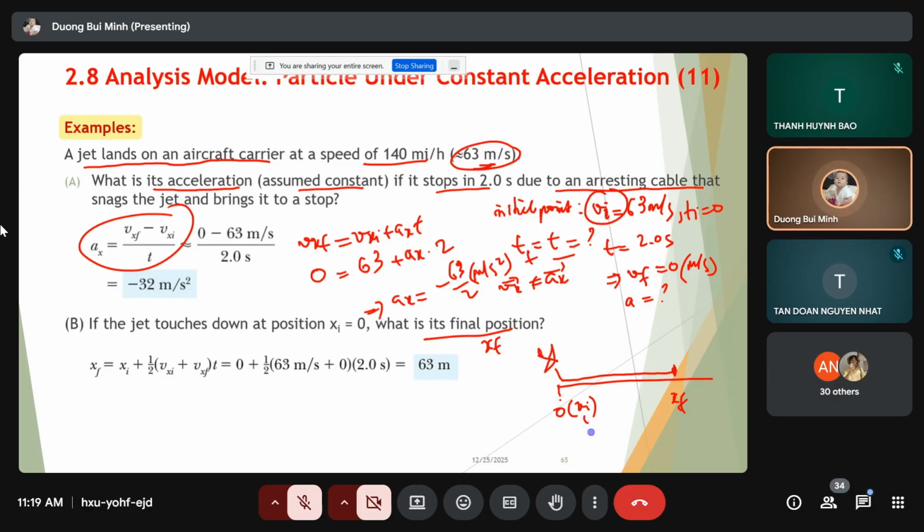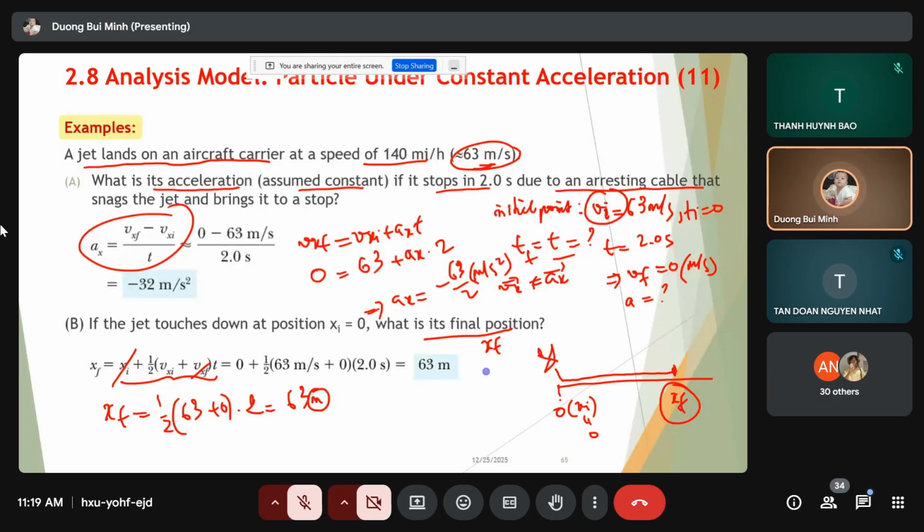So we know xi is 0, and then we want to get xf. So xf is xi plus one half times vxi plus vxf times t. xi is 0, vxi is 63, vxf is 0, t is 2. So you get 63 meters.